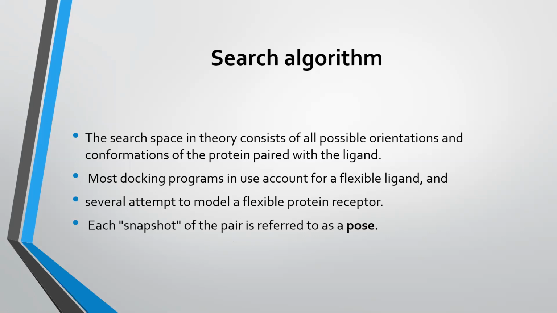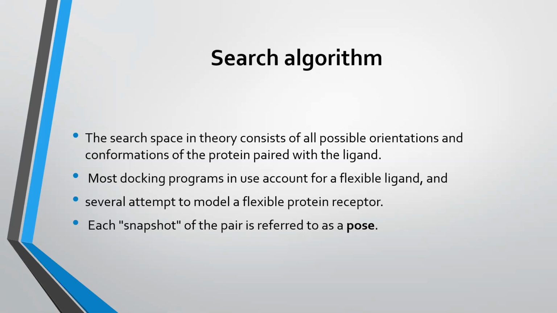Please try to understand: when the protein and ligand interact with each other, we have to identify which conformation of the protein and ligand, and the relative orientation of these two molecules, will give you the most stable complex.